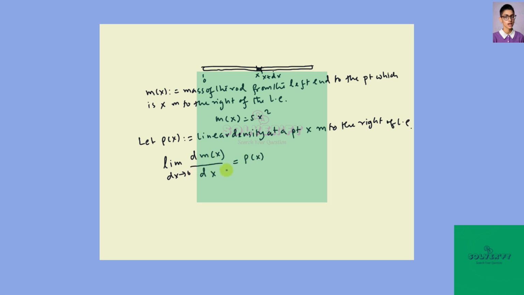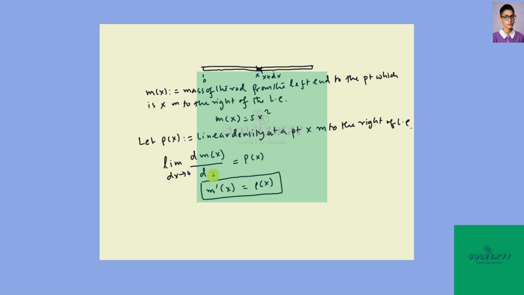This is nothing but m prime of x. Sometimes the linear density is straightaway defined as m prime of x, and sometimes it is defined in terms of this relationship. Anyway, the linear density at a point x from the left end is equal to the derivative m prime of x. This is the relationship between rho(x) and m(x).